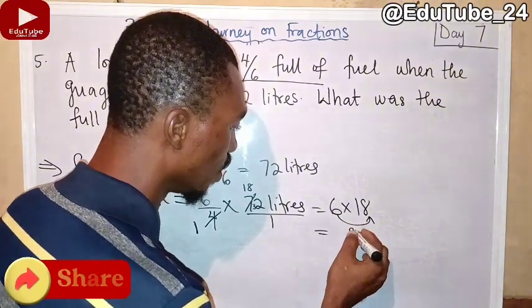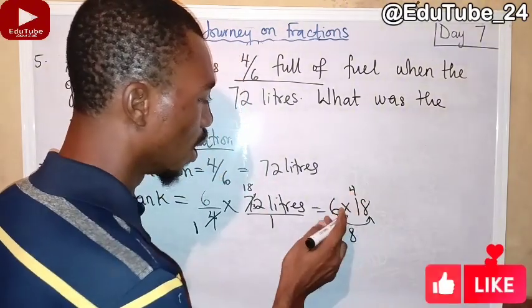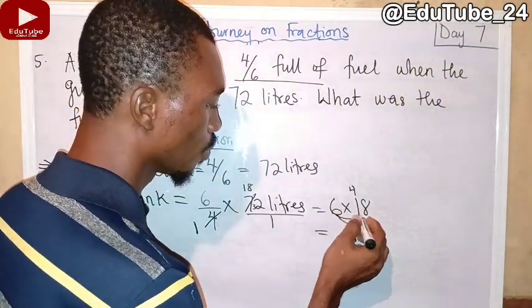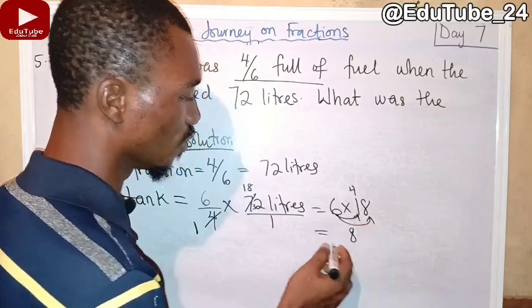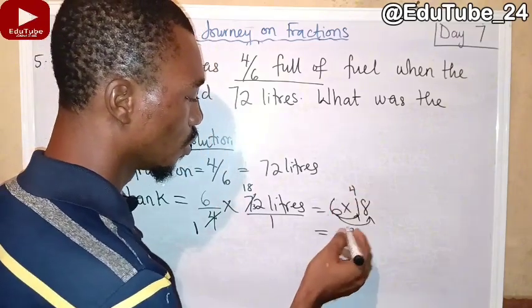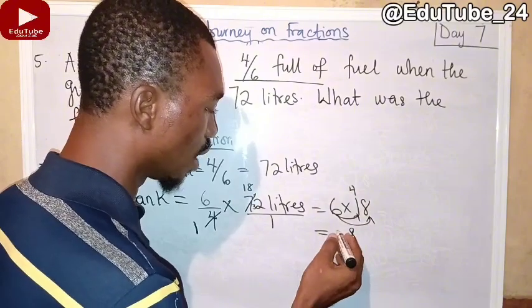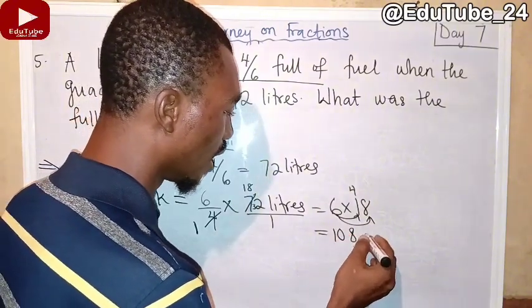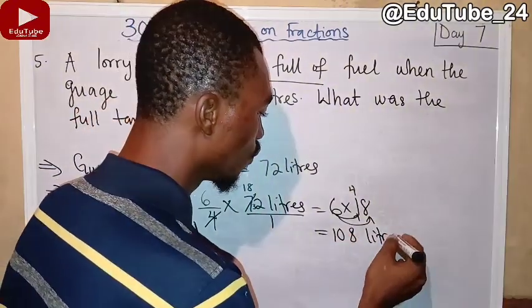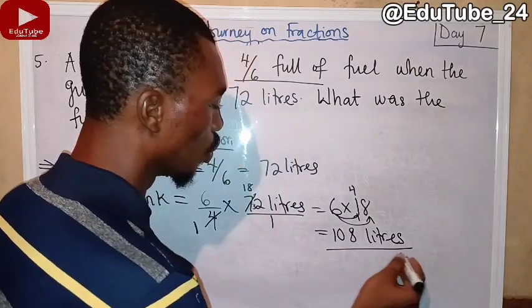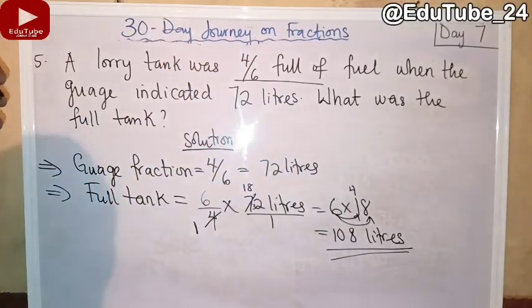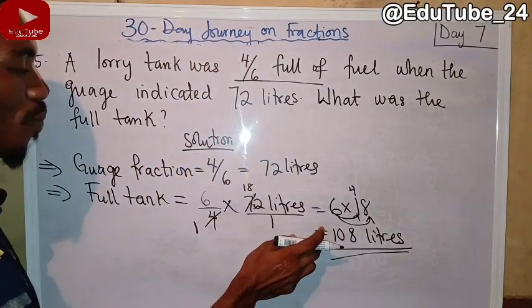You write 8 and keep 4 above. Then 6 times 1 is 6, plus this 4 that we raised up here, and that will be 10. So we have 108 liters. So the full tank is 108 liters, which 4/6 is part of.